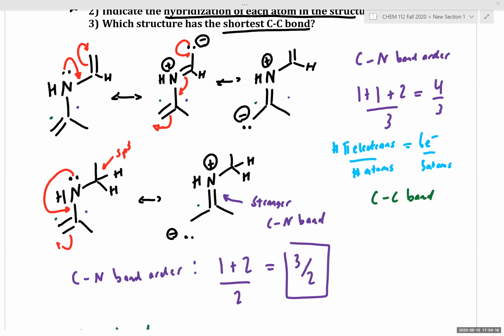First and foremost, if we look at the bottom carbon-carbon bond, we have a bond order of 2 plus 2 plus 1 divided by 3 total structures. That gives us a bond order for our bottom carbon-carbon bond of 5/3.